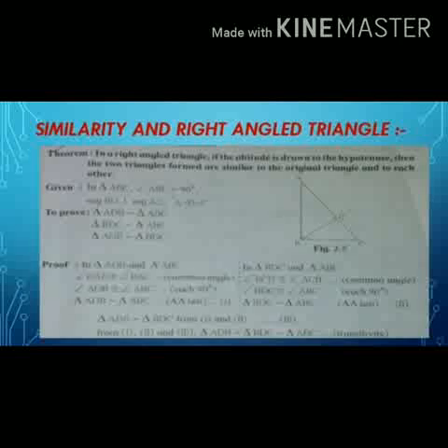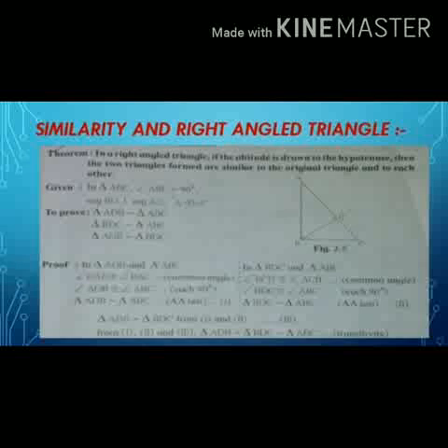Again we can compare the triangle BDC with the original triangle ABC. In triangle BDC and triangle ABC, the vertex C is common and therefore the angles formed by the vertex C in both triangles are congruent, and therefore we can write angle BCD congruent to angle ACB.